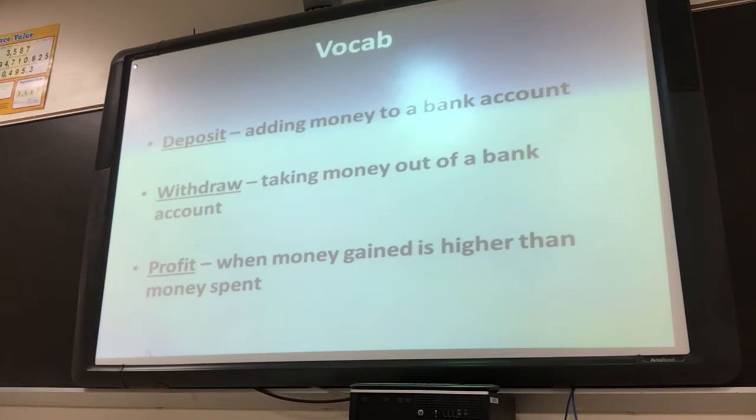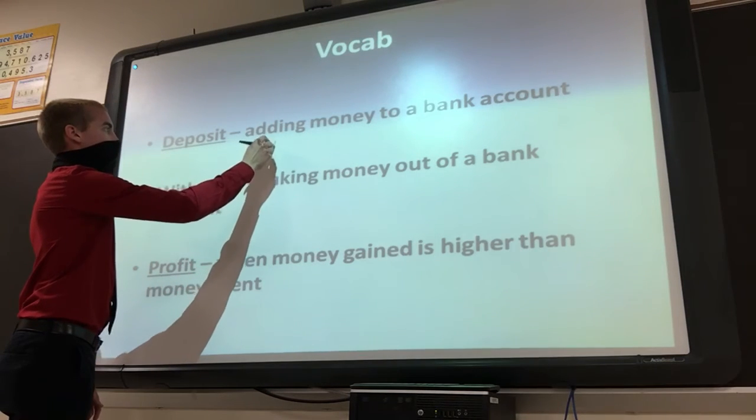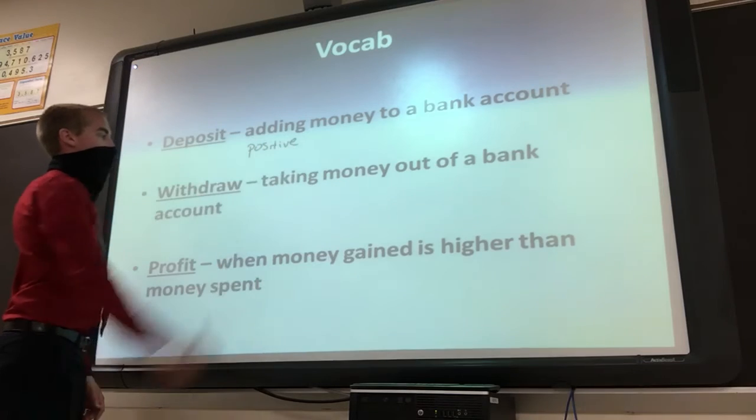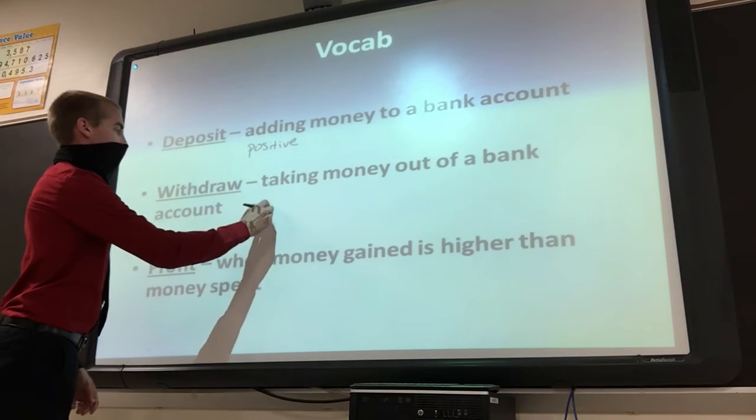So a deposit would mean you are adding money to a bank account. If we have a deposit and we're talking about a number, it would always be a positive number. If you withdraw money, you're taking money out, so that would mean it's going to be a negative number.